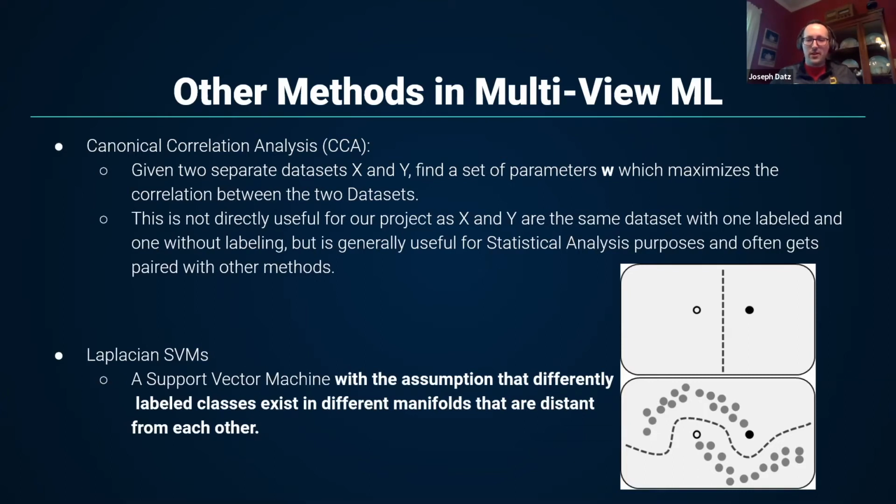So in the image over here, we have just two labelings on top, and then we have a bunch of unlabeled data, which is marked as gray, and this gray data has this distinct separation between the two classes. And so we assume that the classes kind of exist on different manifolds, different abstract shapes that are distant from each other. And because they're distant from each other, we can draw a line between them. And so yeah, that kind of generally sums up what modern algorithms of this kind look like.